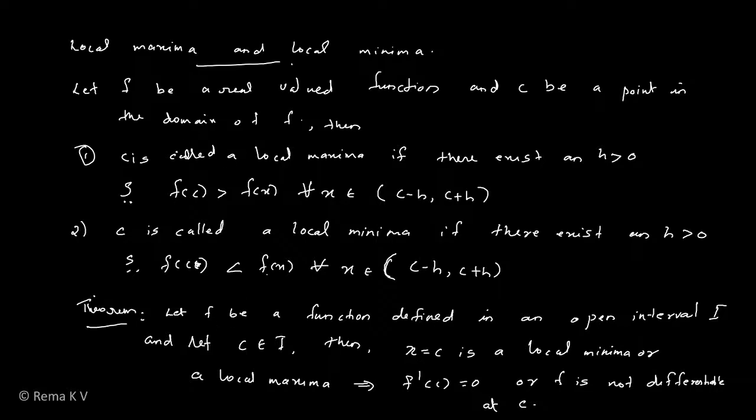Okay, so once again this definition, if f of c is greater than f of x in a very small interval c minus h, c plus h, then c is called the local maxima and f of c is called the local maximum value. And here f of c is less than f of x for all x belongs to a small interval c minus h, c plus h, then C is called a local minima and f of c is called the local minimum value.